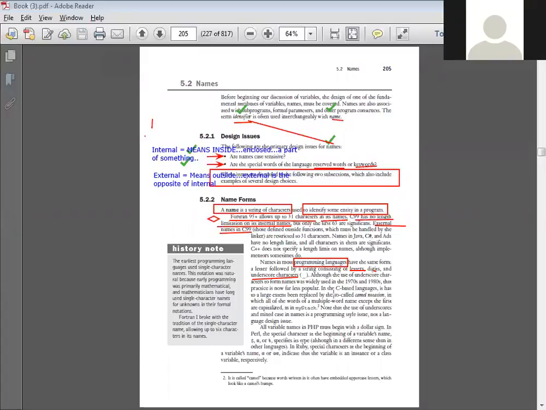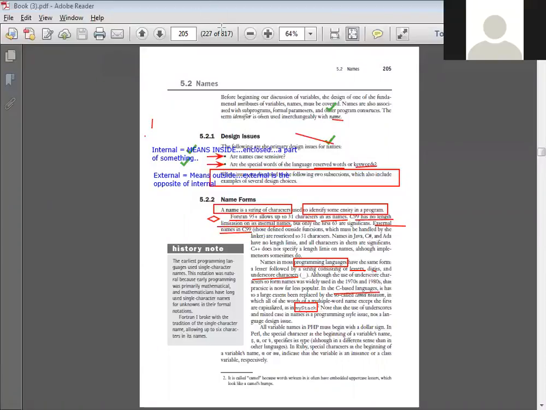In the C-based languages, it has to a large extent been replaced by the so-called camel notation, in which all of the words of a multiple word name except the first are capitalized, as in myStack. Here is an example of what they're talking about. myStack is an example. Notice that it is one singular word, no spaces.